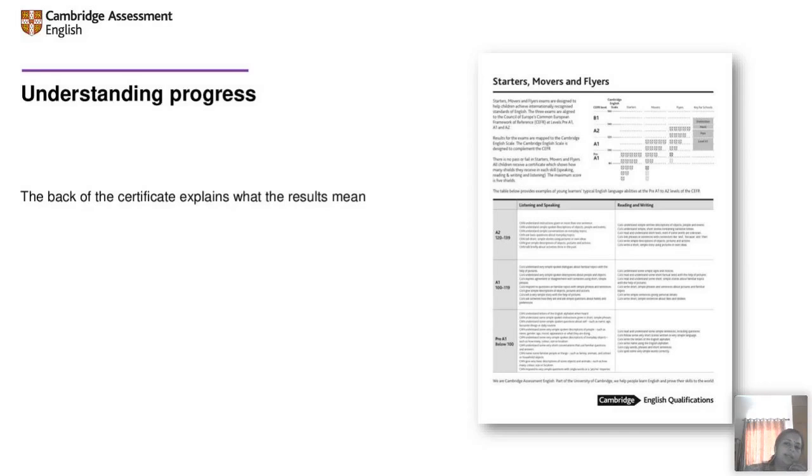Now, these are all a list of can-do statements, which means that at A1 level, at listening and speaking, the candidate can do this, can understand simple statements and take instructions, can listen to a conversation and reply to the questions. So they're all can-do statements. The results do not speak about what the candidate cannot do. So that way, it's a very, very positive certification. It's a very motivating tool.